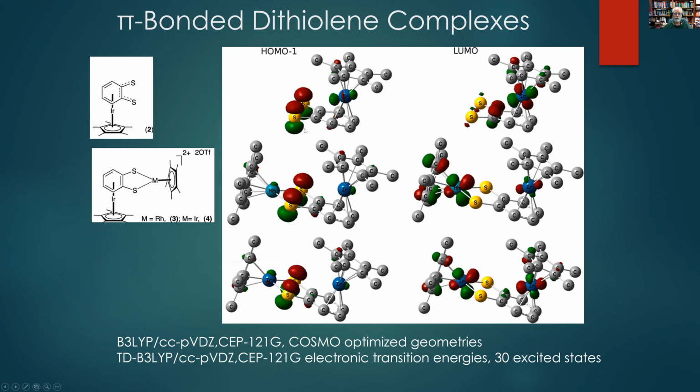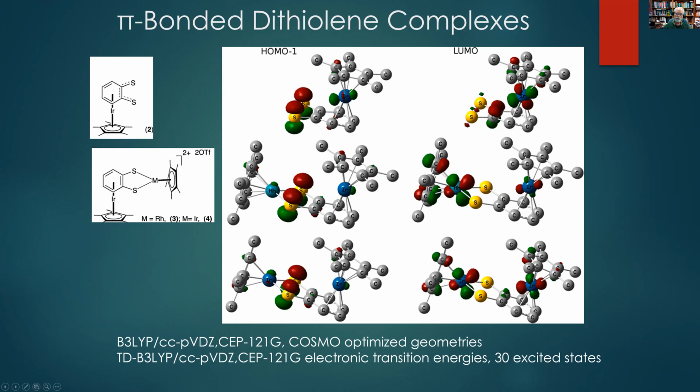The thing I want to point out is that in all 3 cases, the strongest transitions correspond to orbitals that are initially localized on the sulfurs. And so therefore they're on the ligands attached to the metals. And then the upper state of the transition, so we're going to the LUMO, the lowest unoccupied orbital, the upper states all correspond to electron density on the metals, and with varying degrees of localization, either on the rhodium in this case, or spread almost equally between the 2 iridiums here.